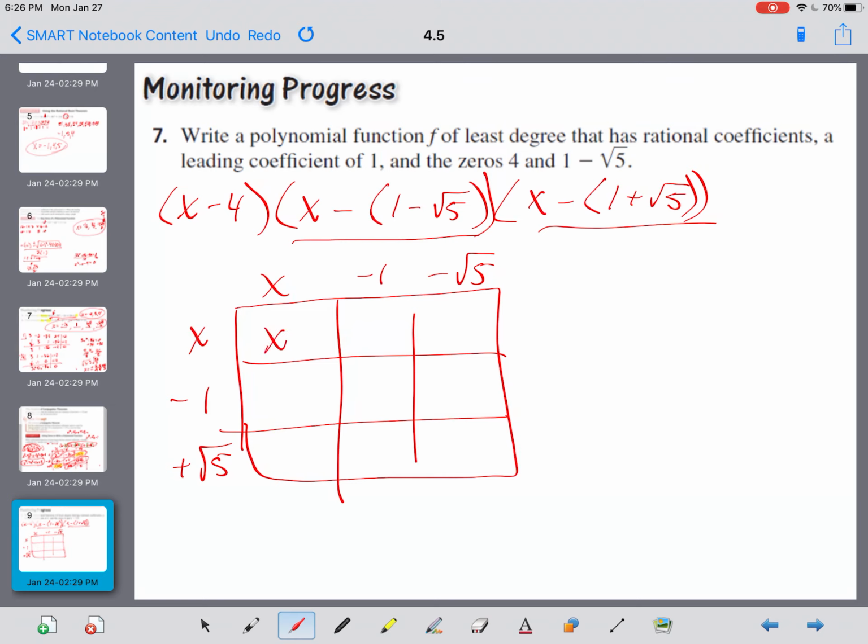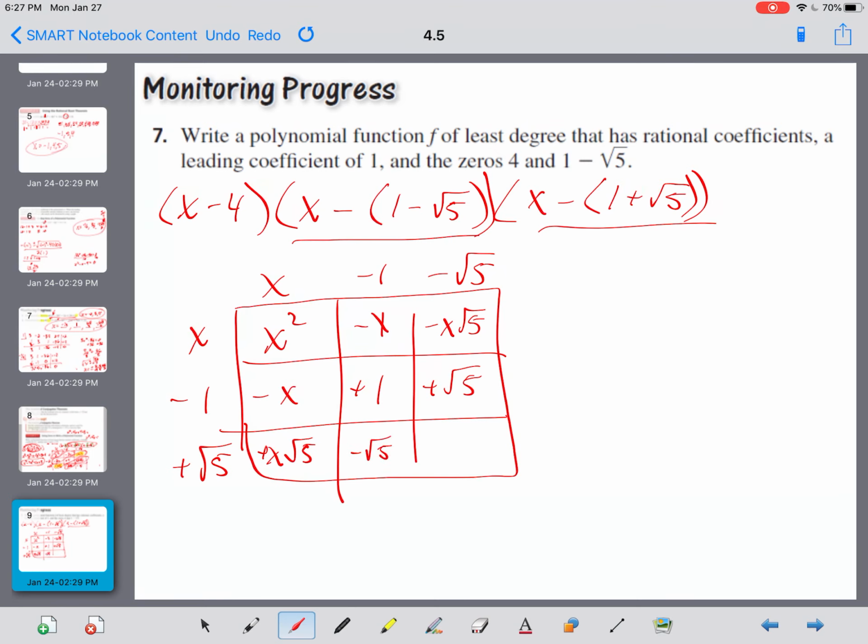Okay, here we go. X times x is x squared. X times -1 is negative x. And you got negative x square root of 5. You got negative x. You got positive 1. You got positive square root of 5. You got x square root of 5. That's positive.